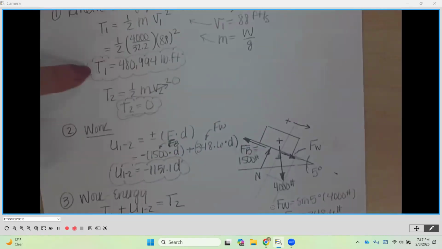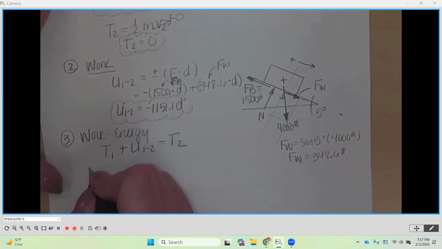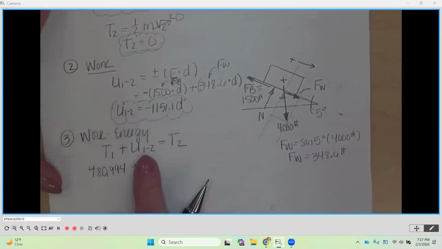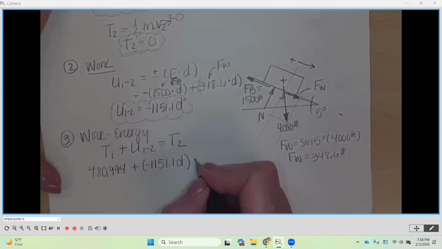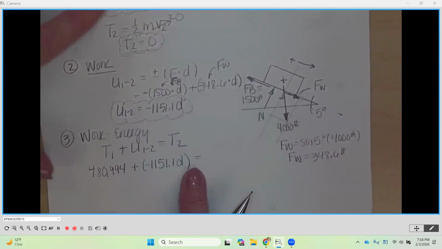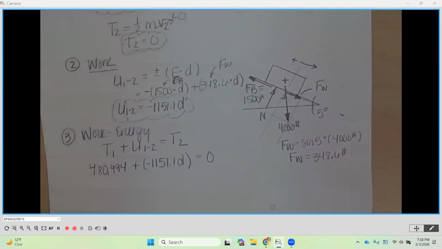My T1 from up here was 480,994. My work right here was a negative 1,151.1 times D, equal to 0. That's T2. So now solving for D.